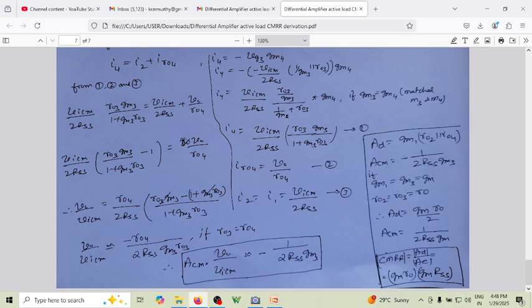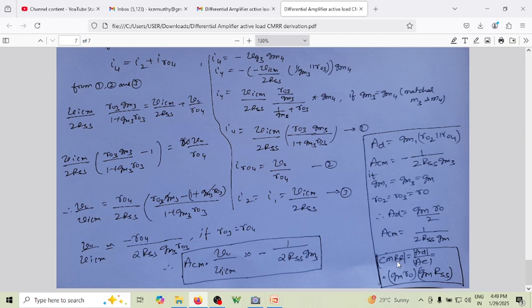Upon finding the CMRR magnitude, which is nothing but AD by AC, this happens to be GM into R0 multiplied by GM into RSS, which will be a very huge value, because the GMs will be in terms of millisiemens, whereas R0 and RSS will be in terms of hundreds of K. So that's why you're going to have a very good CMRR for a single-ended measured differential amplifier with active load.